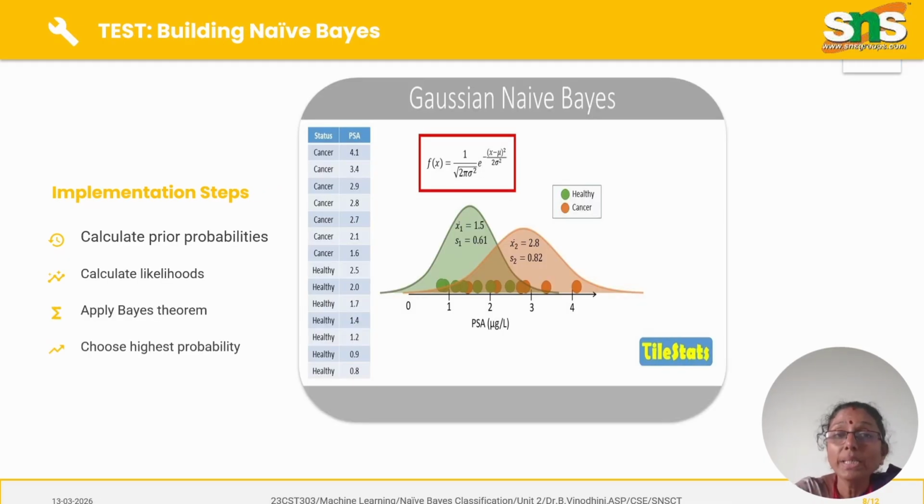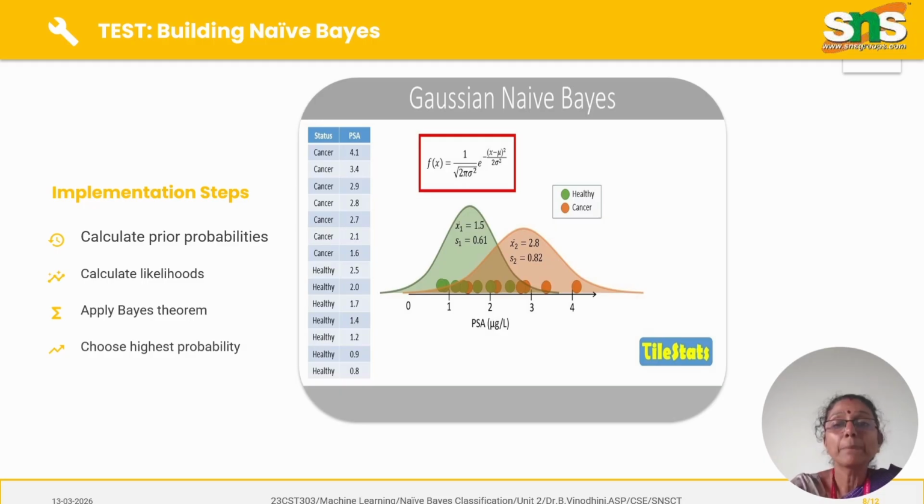What are the implementation steps to build the Naïve Bayes classifier? We have to calculate the prior probabilities first. Next, we calculate the likelihood of each feature. Next, we apply the Bayes theorem. After applying the Bayes theorem, we get the posterior probability.